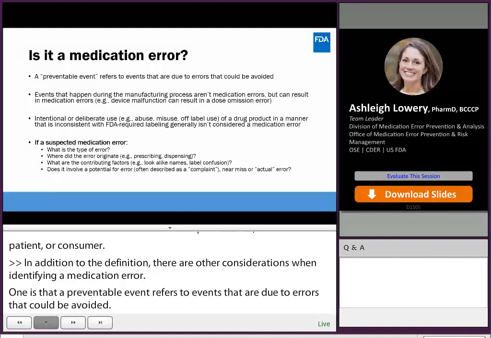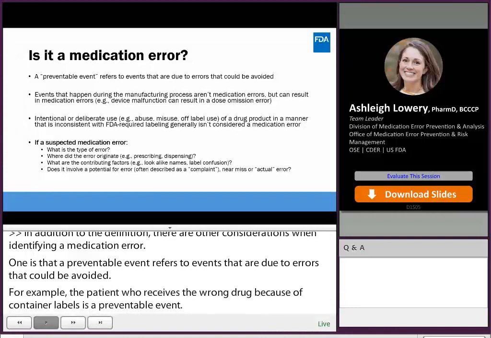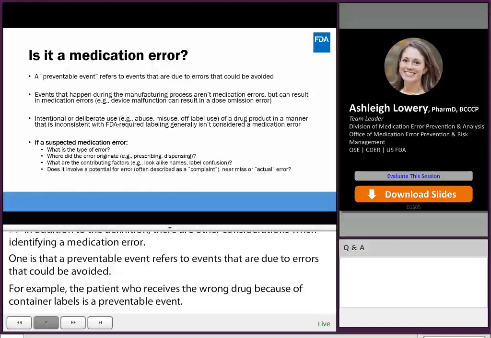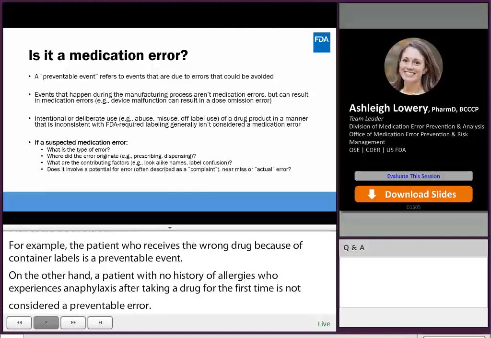On the other hand, a patient with no history of allergies who experiences anaphylaxis after taking a sulfa drug for the first time is not considered a preventable error. Events that happen during the manufacturing process aren't medication errors, but can potentially result in medication errors. For example, a device malfunction can result in a dose omission error.